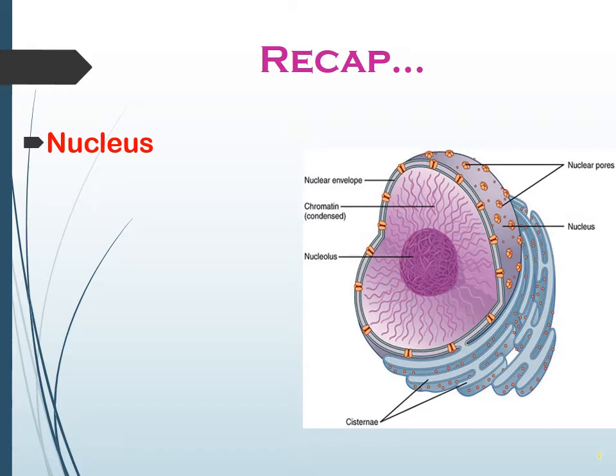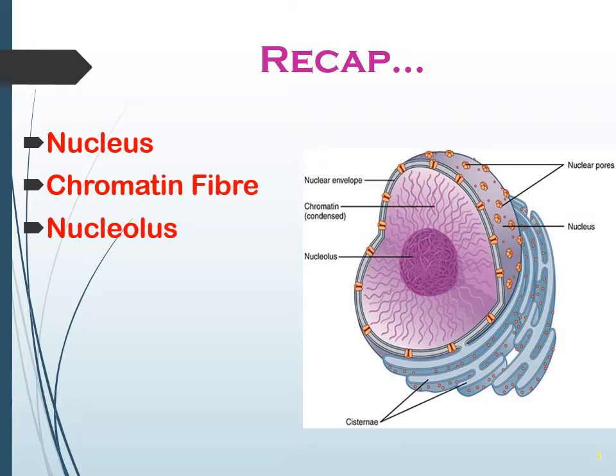To study nucleus, we have learned what are chromatin fibers and what is nucleolus. As you can see in the picture, the thread-like structures appear in purple color. It's called chromatin, and the nucleolus is located at the center of this nucleus. This part is most important as far as the structure of chromosome is concerned. Correct?